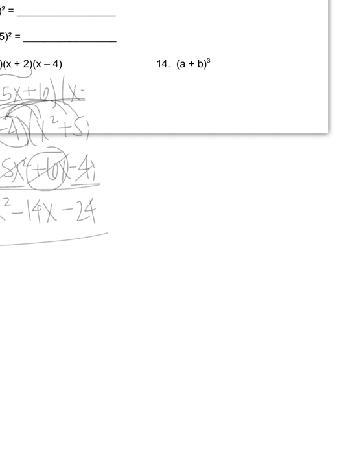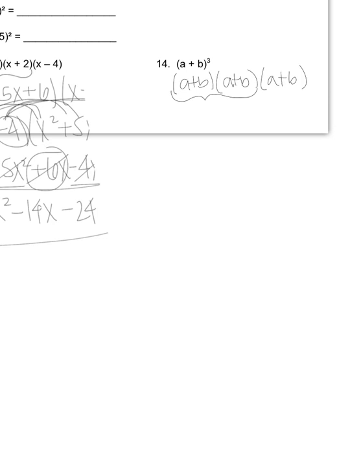When we have cubed, that means that we're multiplying by itself 3 times. So this is the same thing as a plus b times a plus b times a plus b. It's very similar to 13 that we just looked at. We're going to multiply the first 2, and then we'll take that and multiply by the third one.